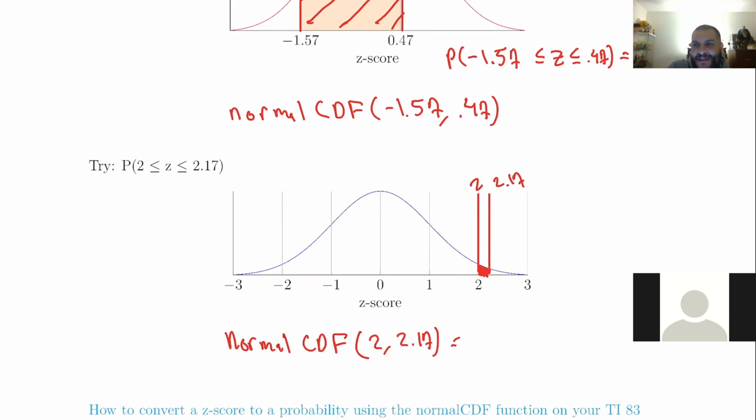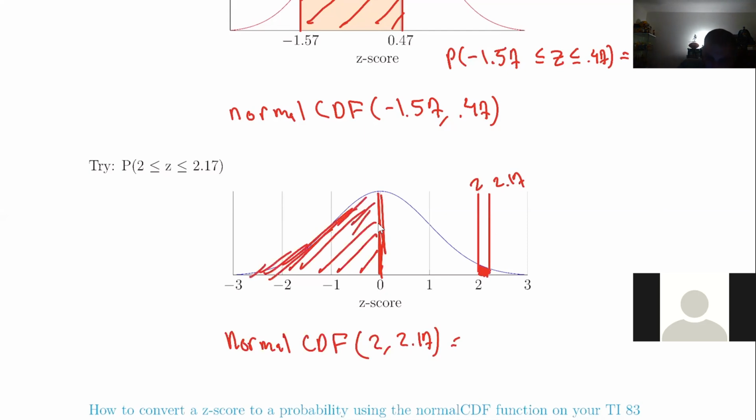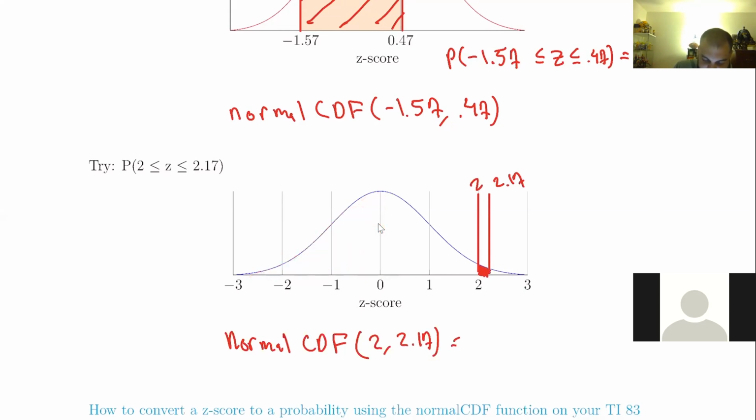You should at least know it shouldn't be more than 50%. So if you get something like 50% or higher, you should know something is definitely wrong with your answer.